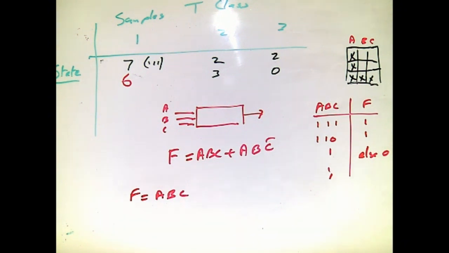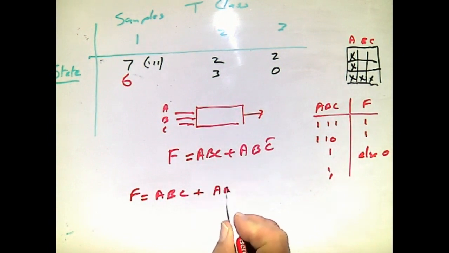I don't want to lose the previous training. So I need an additional term, which is going to be A, B, and not C, 6.